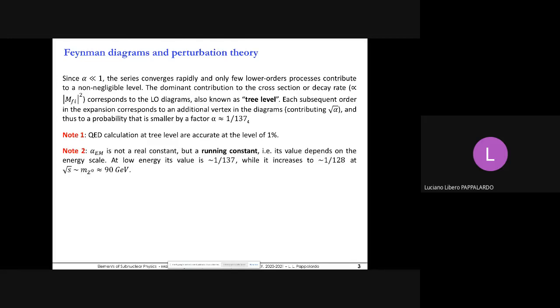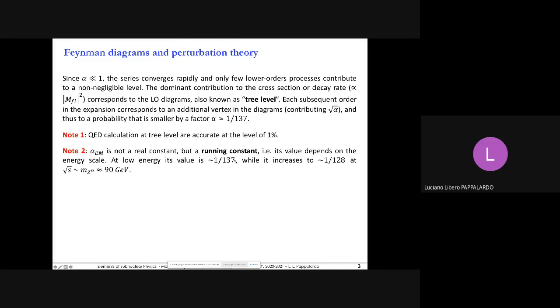Now, it turns out that the fine structure constant, so the electromagnetic coupling constant, alpha, is not actually a constant. It is a running constant. This means that its value is not constant, but depends on the energy scale. At low energy, its value is the well-known 1 divided by 137.